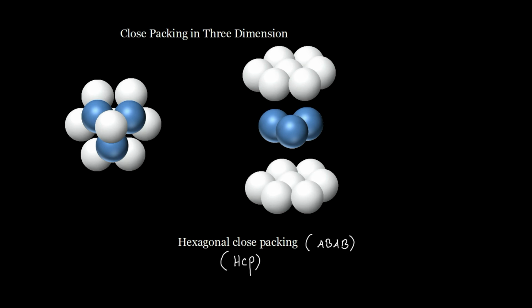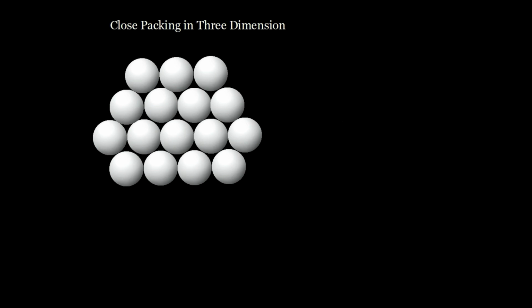And if you see, the third layer exactly aligns with the atoms of the first layer. So the first layer is A and the second layer is B. The third layer is also A type. So AB type arrangement is present in HCP.